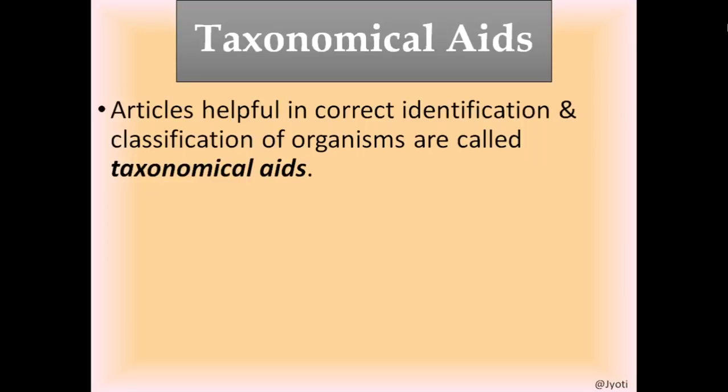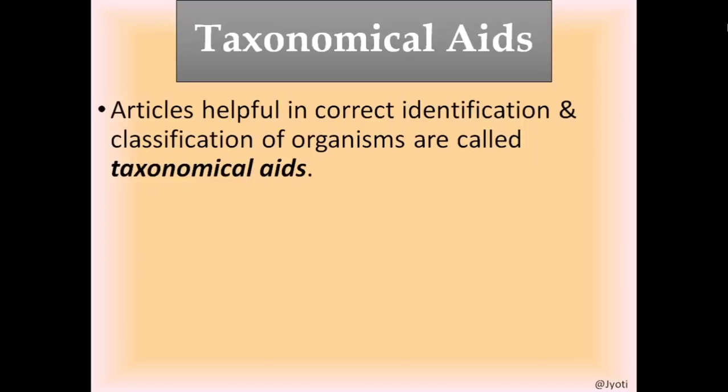Articles helpful in correct identification and classification of organisms are called taxonomical aids. So, as I told you, those organisms or those species are identified, they are classified and their features are already written.